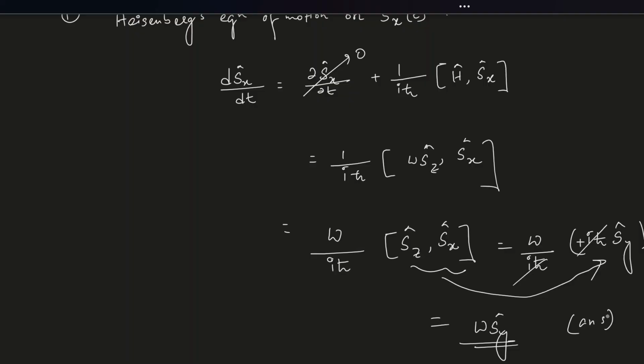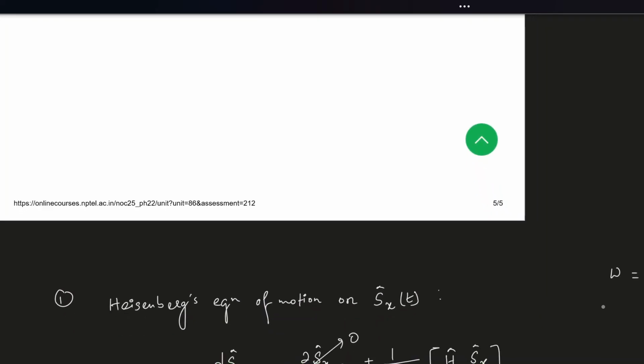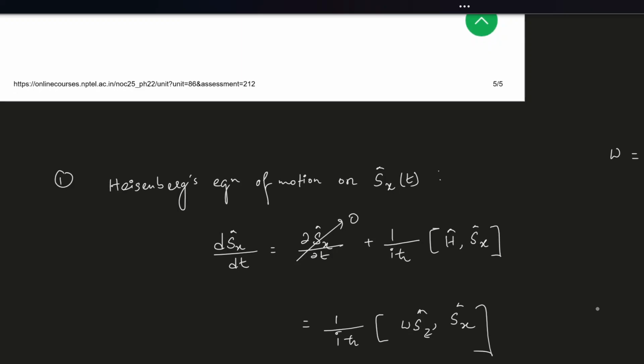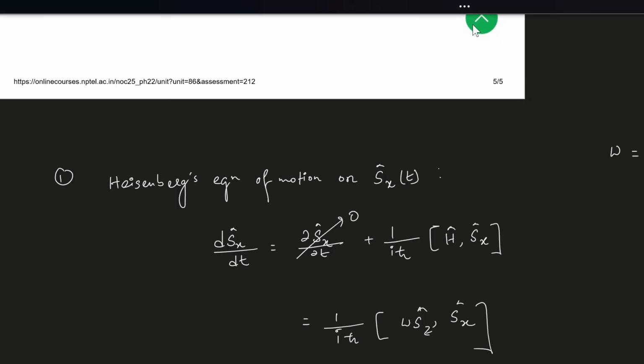But I think we have to check, yeah, sorry, there has been a mistake. I have written down this term the other way around. So this is not this. The Hamiltonian term comes in the second place, so this is Sx cap comma the Hamiltonian operator.